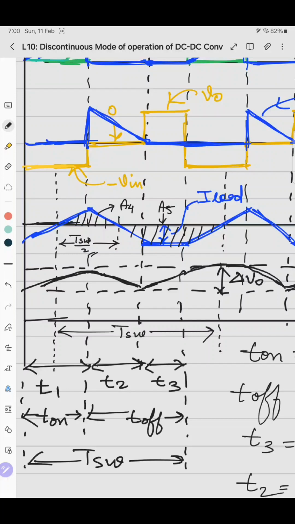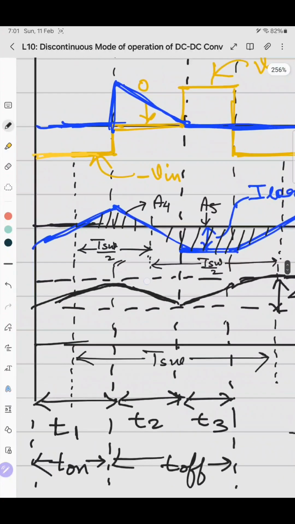We have to find this whole time from here to here, which is the whole T switching. So this should also be T switching by 2 from here to here. But the issue comes: this A4 is a triangle, so we can write half into base into height.